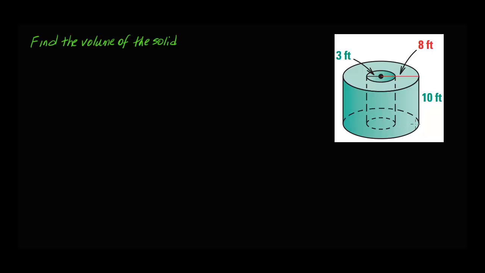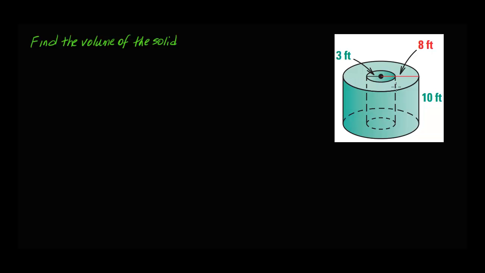Here we have a cylinder, and we also have a smaller cylinder that's been cut out of the big cylinder. So we can think of this as, let's say, a car wheel. A car wheel has a certain diameter and it has a hole, right, that's been removed from that cylinder. We can also think about a donut.